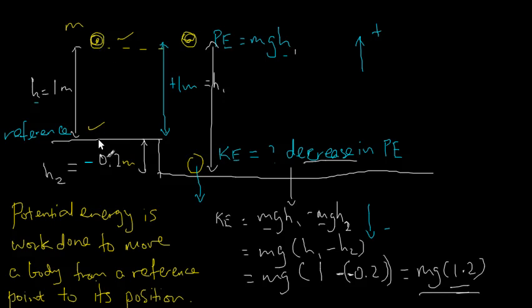So if I move this ball from this reference point to its position, I have to do work against gravity. The work done is the force times the distance moved, mgh, which is correct. That's the potential energy. The important point here is that I don't have to think of potential energy as referring to a particular ground level. I can think of just any reference point, or in this case a reference ground level.